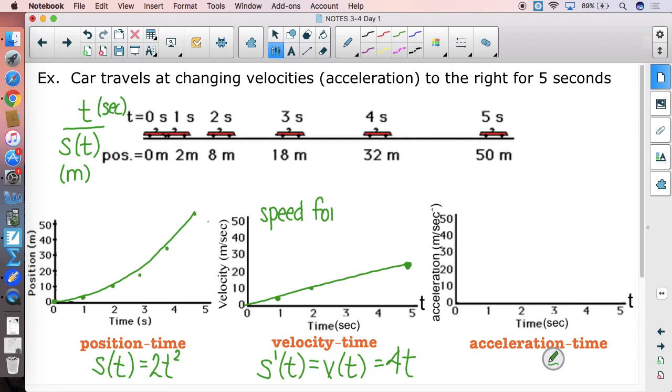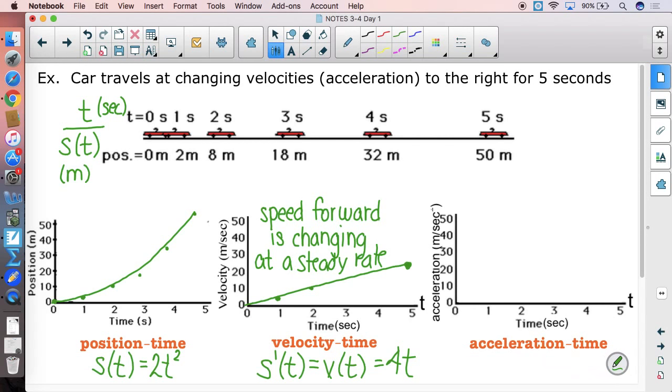Speed forward, because it's all positive velocities, it's all above the x-axis. It's changing at a steady rate. So speed forward, that's my velocity. And I can see on this graph that my speed forward values are changing by 4 meters per second every time. So we go to look at the acceleration.